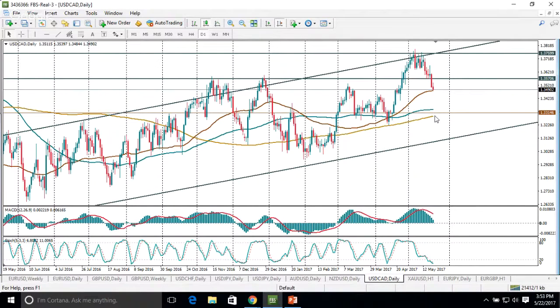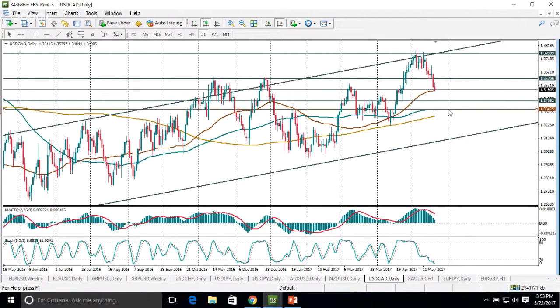But it seems likely that this level will give up, and the pair will travel lower to the area of 1.34 and probably even to the 100-day moving average at 1.3440.